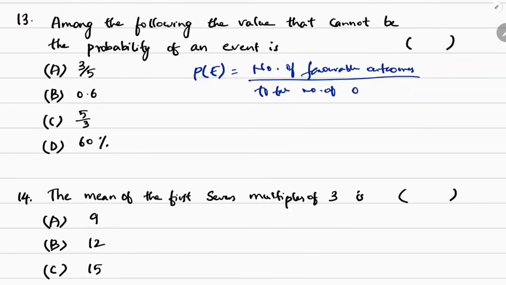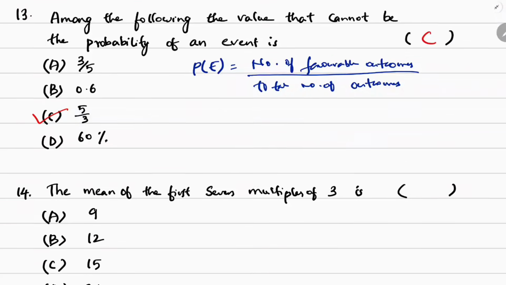So here 3 by 5, it's possible because favorable outcomes is 3, total outcomes is 5. 0.6 is 6 by 10, that is also possible. 60% is 60 by 100, that is also possible. 5 by 3 is not possible because number of favorable outcomes is more than total outcomes, which is not possible. So correct option is C. Next one.